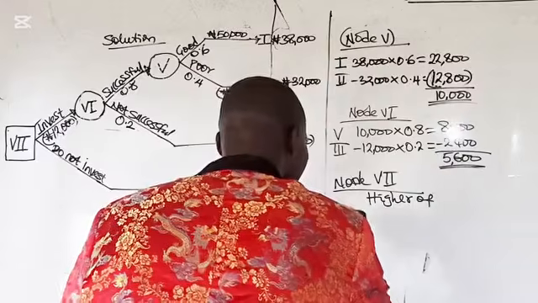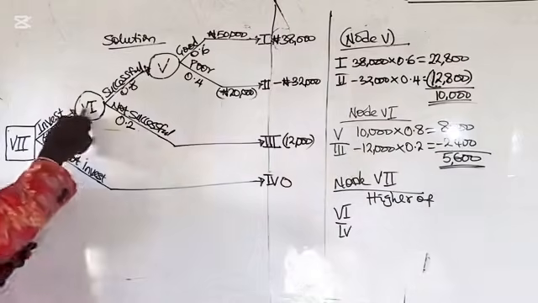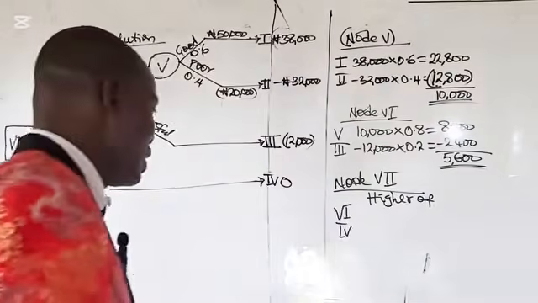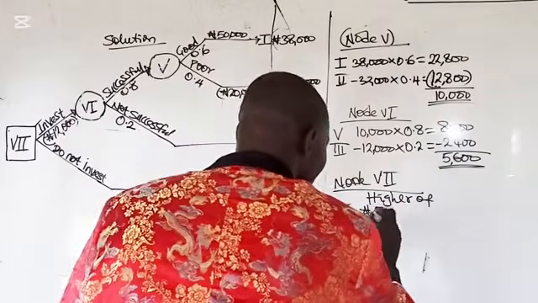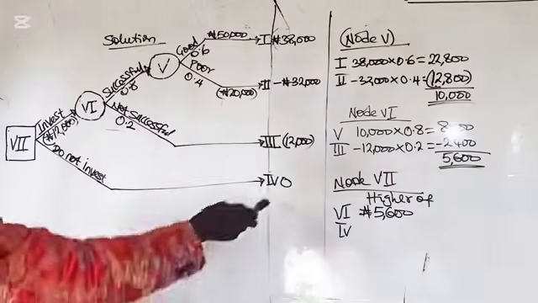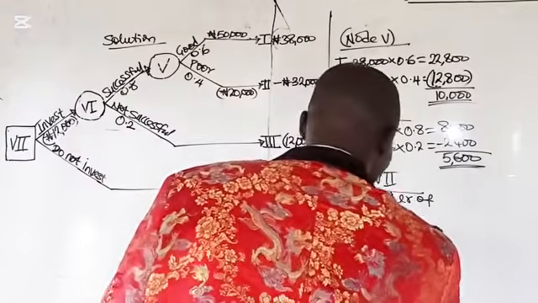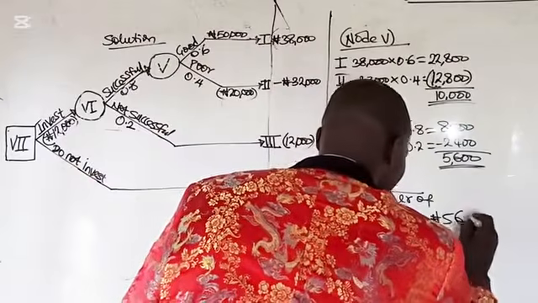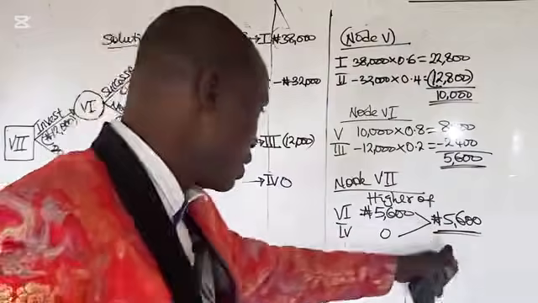We've determined the value of node 6 to be 5,600, and that of node 4 we have to be 0. The higher of the two is 5,600 naira.